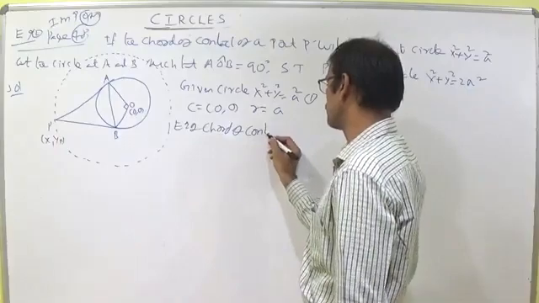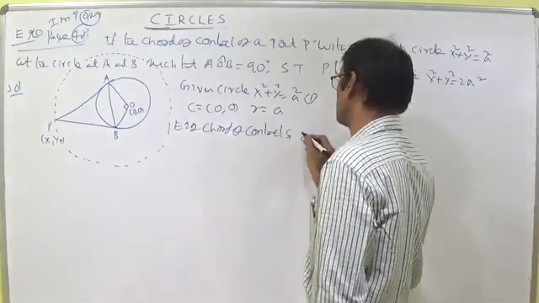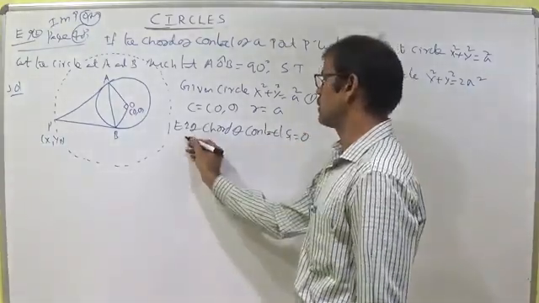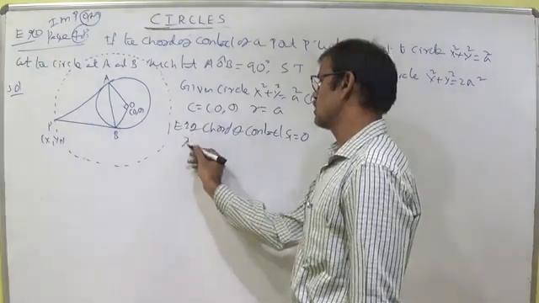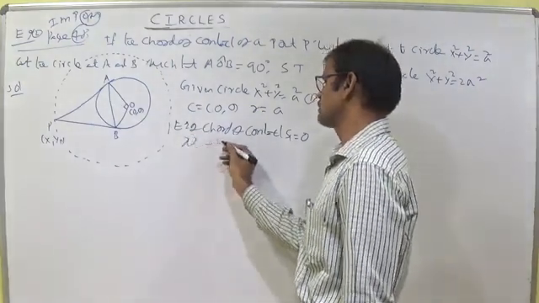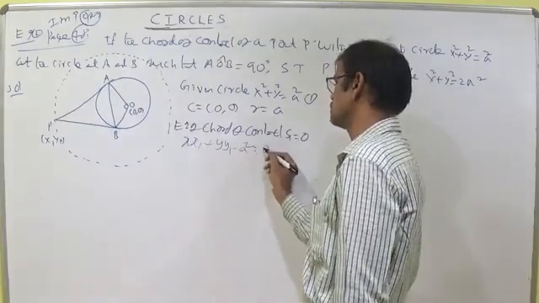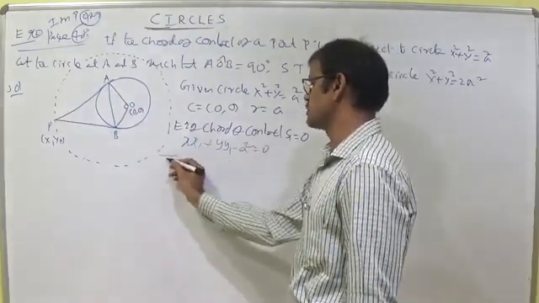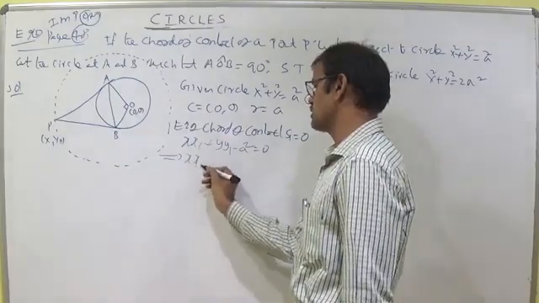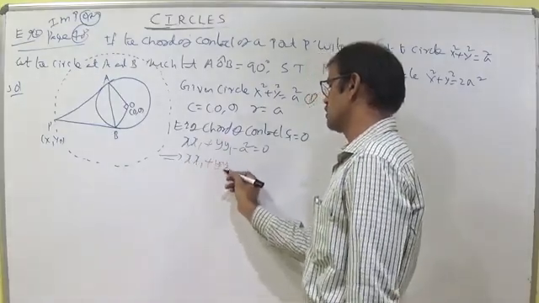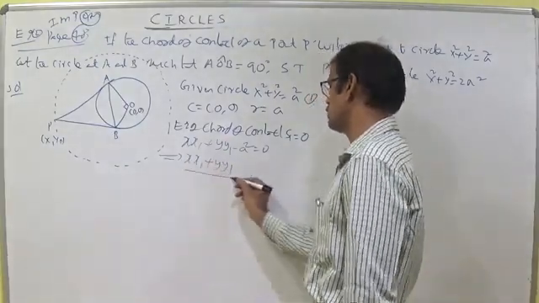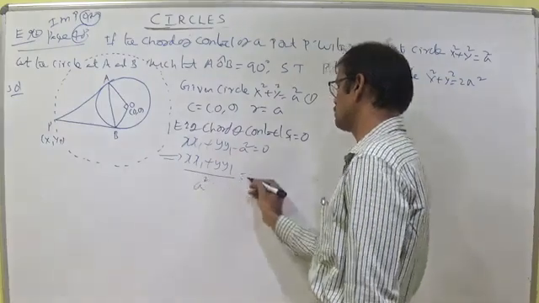Equation of chord of contact, formula S1 equal to 0 for this circle: xx1 plus yy1 minus a square equal to 0. That implies you can write xx1 plus yy1 whole by a square is equal to 1.